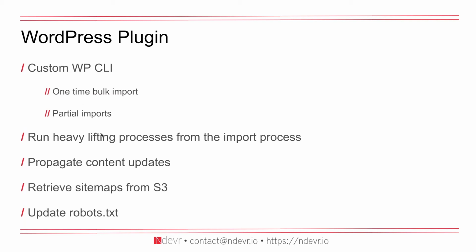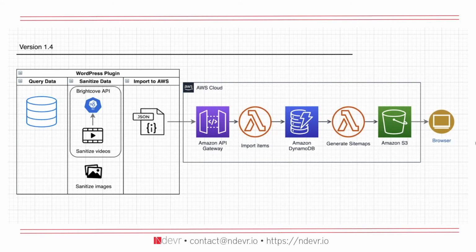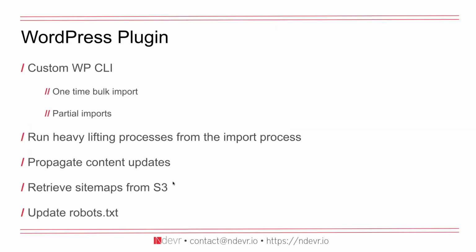We try to do the heavy lifting on the import process, so that by the time it's on this section, it's all cleaned up and all you have to do is call it and export it to the XML file. We also need to make sure it propagates the content updates when the content changes. And we needed to retrieve the sitemap from the S3 bucket and also update the robots.txt file to ping the search engines.